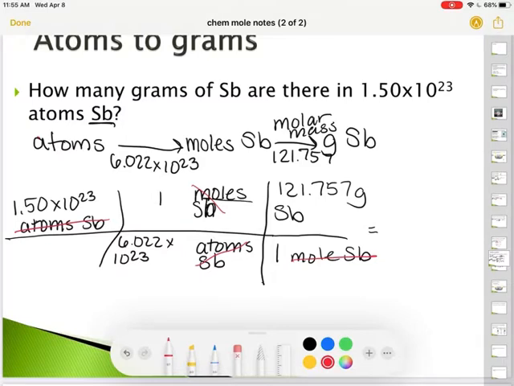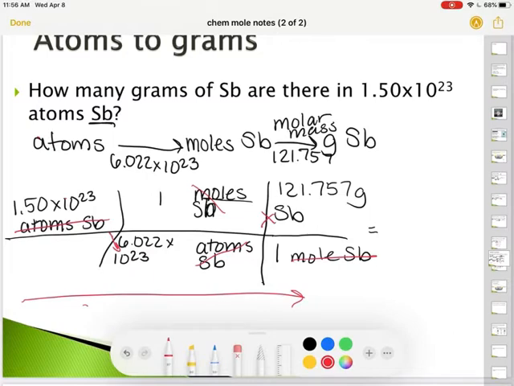Okay, so I'm going to tell you how I want it put into your calculator. Multiplication and division occur at the same step of PEMDAS, so it doesn't matter which you do first. So I always work left to right, like the way you read. Here I would put in my calculator 1.5 times 10 to the 23rd divided by, because this is my denominator down here, 6.022 times 10 to the 23.